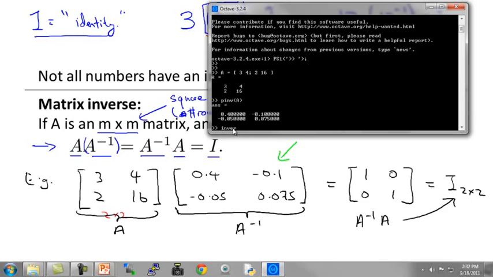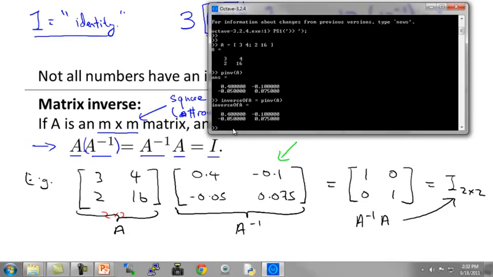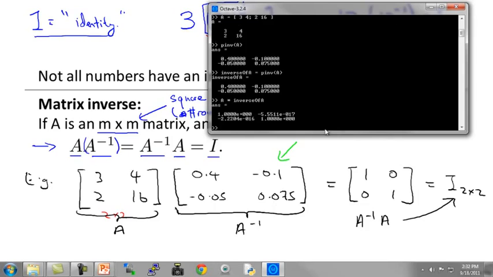So actually, let me just write inverse of A equals pinv of A. So set inverse of A to that. I can now verify that A times A inverse is the identity. I type A times inverse of A, and the result of that is this matrix. It has 1, 1 on the diagonal and, essentially, 10 to the minus 17, 10 to the minus 16 elsewhere.